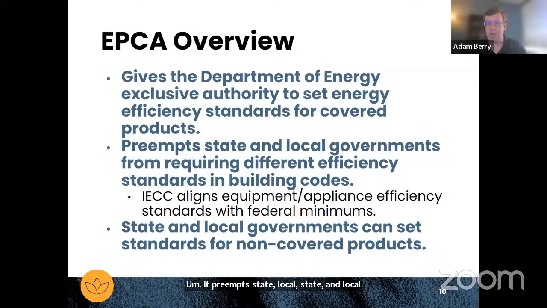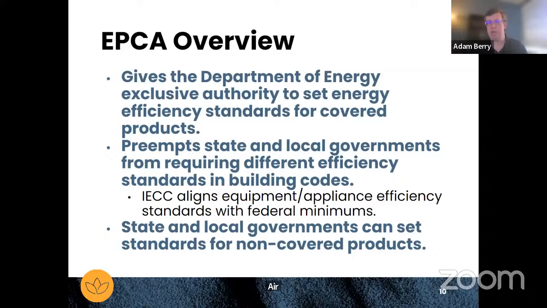And just noting that the IECC generally aligns the minimum efficiency requirements on equipment with those federal efficiency standards. So we shouldn't have to worry too much about the IECC stepping out of bounds on that, but noting that the board can't just go in and say, well, we decided that we want minimum efficiency for air source heat pumps of a certain capacity to be higher than the federal minimum.